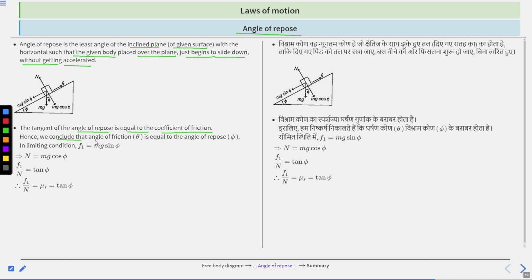Hence, we conclude that the angle of friction theta is equal to the angle of repose phi. In the limiting condition, Fl equals mg sin phi and N equals mg cos phi. So Fl divided by N equals mu s equals tan phi. Clear? So this is the relation between friction and normal reaction.